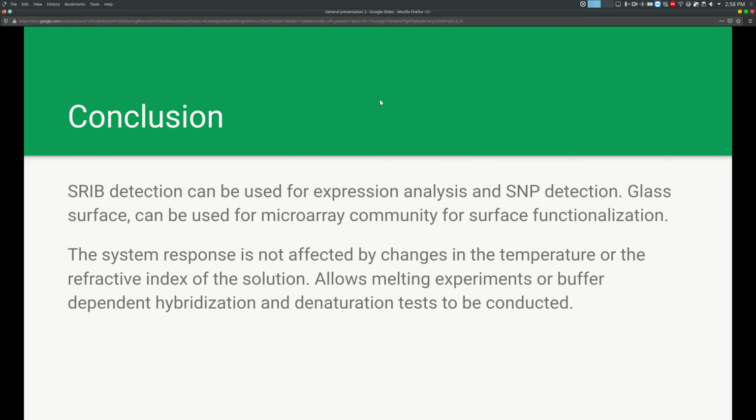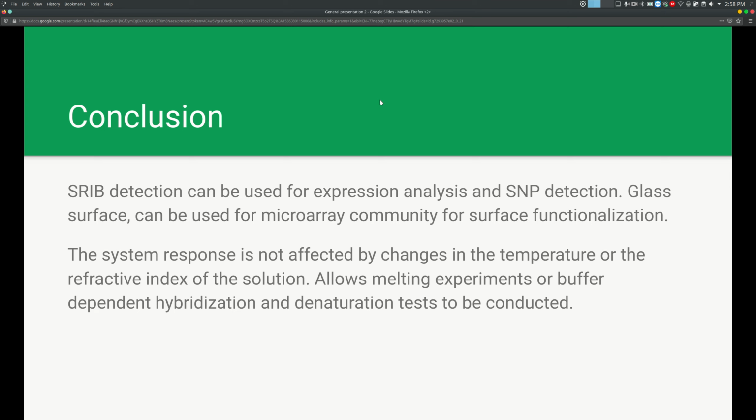Now the conclusion of this work is that SRIB, which is part of the technology they developed, or the system they use, is much more useful for this kind of experiment, which is SNP detection for expression analysis. They use a glass surface, which can be applied to microarray work, and it's much more functional.